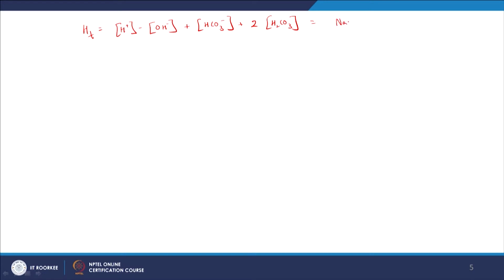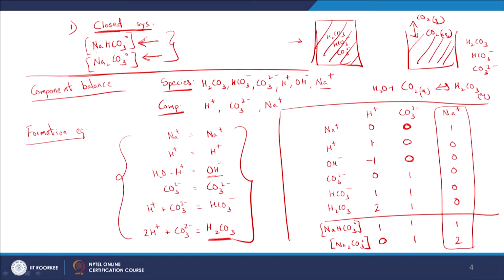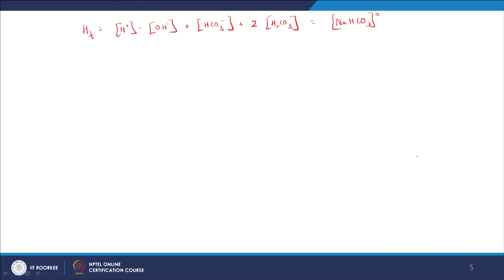Your NaHCO3 naught, right. So let me see if we miss anything. So 1, 2, 3, 4 species are going to contain the component H plus, and that's going to be equal to NaHCO3 naught 1 times, right. And same case with CO3 2 minus.